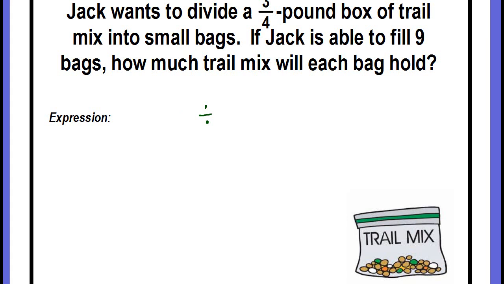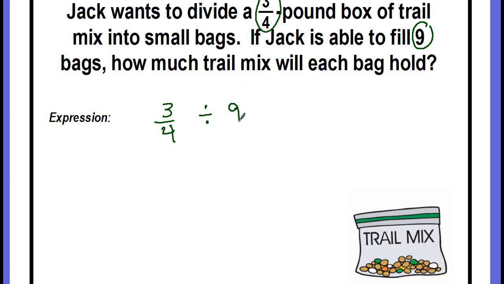So the numbers we have are 3/4 and 9. Most of us want to put 9 first because it's the bigger number, but that's not how it works with fractions. Are we splitting up 9 bags, or are we splitting up the 3/4 pound box of trail mix? We're splitting up the trail mix, right? It's the 3/4 we're splitting up, so that's what goes first.